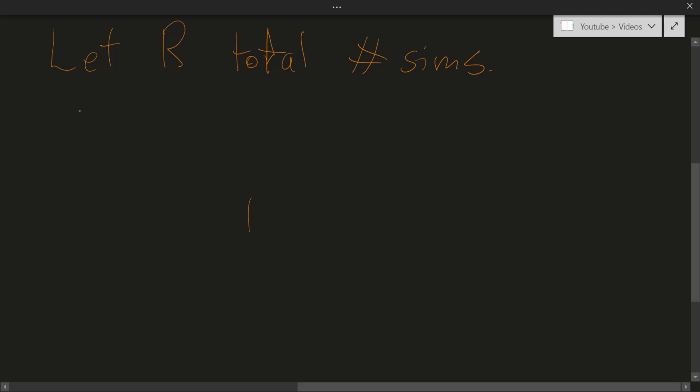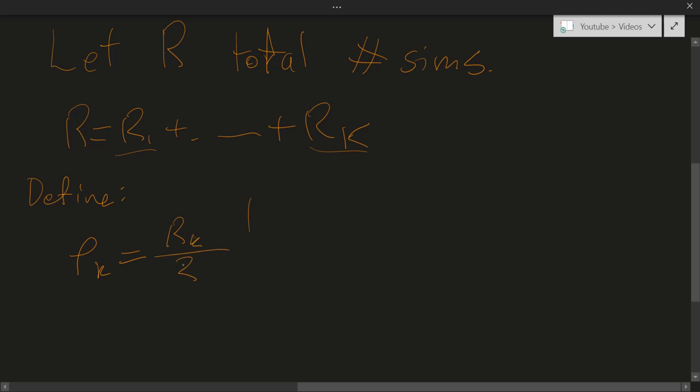Then we write R as R1 plus everything else up to R capital K. This is the amount of simulations of x1, and this is the amount of simulations of xk, so simulations within strata capital K. Now we define rho k to be equal to rk divided by r, so the fraction of simulations within strata small k.